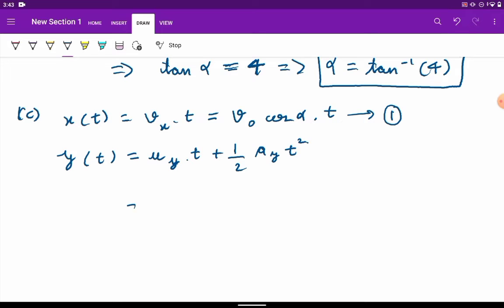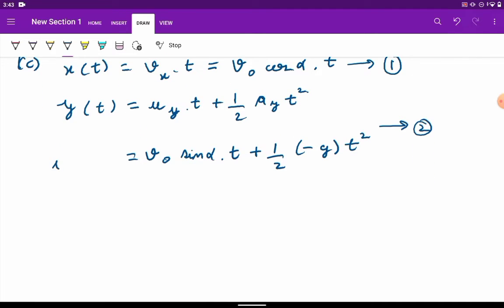So uy is nothing but v naught sine alpha times t plus half ay, which is minus g, times t square, right? This is equation 2. This is y of t.